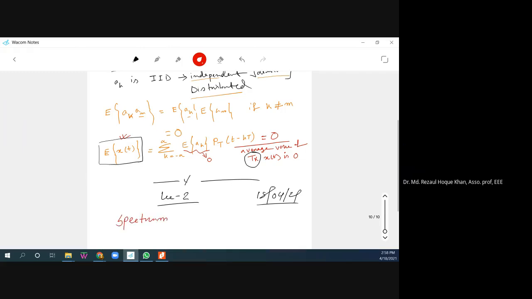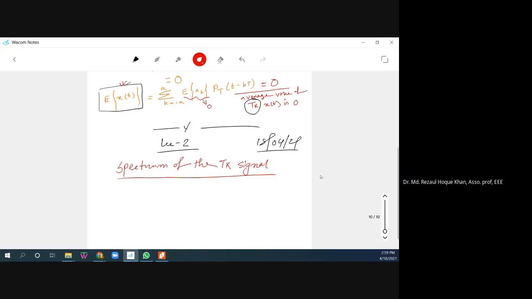It's a transmitted signal because we are talking about x(t), which is actually a combination of all the bits, k value goes from minus infinity to plus infinity. So definitely it's a signal.